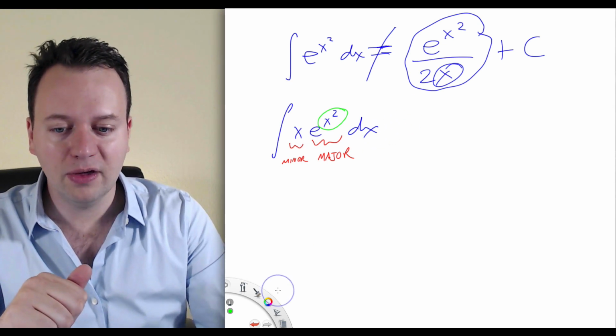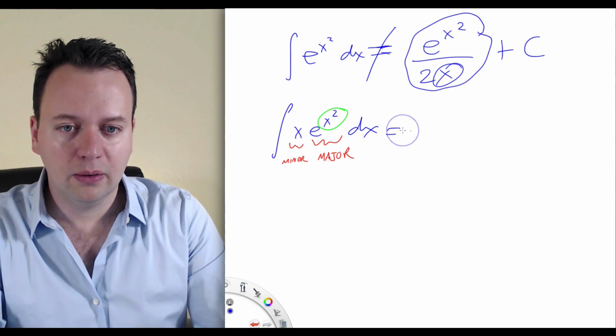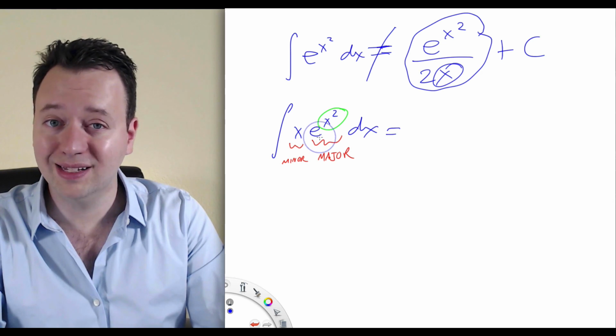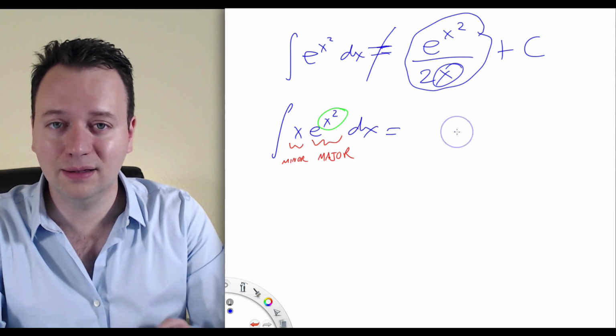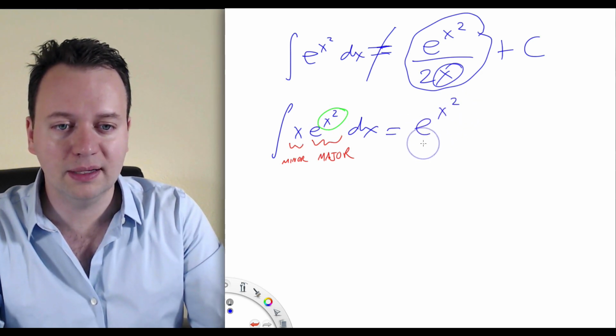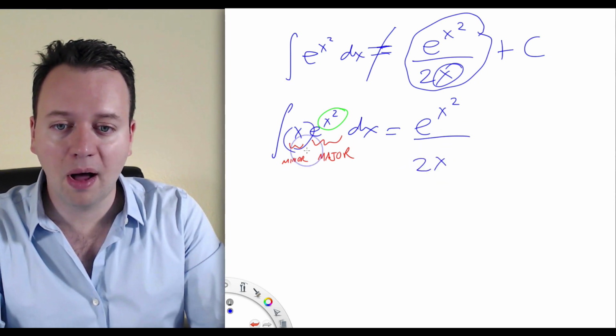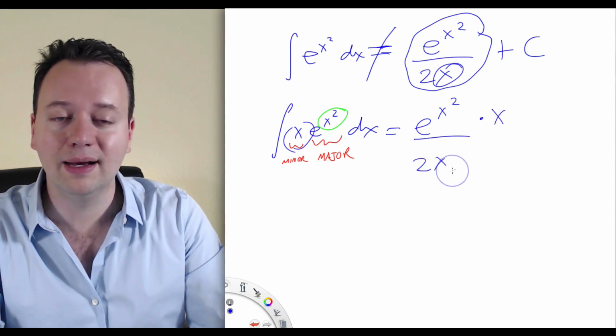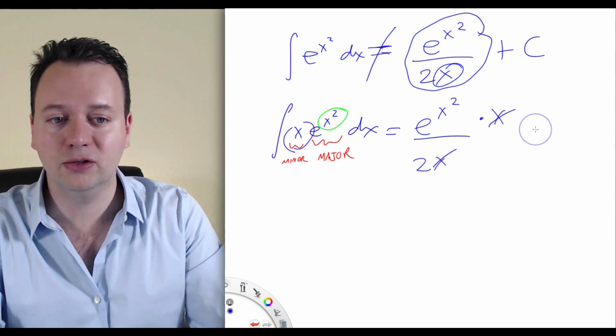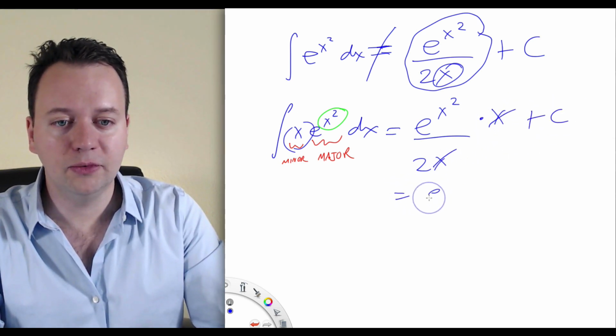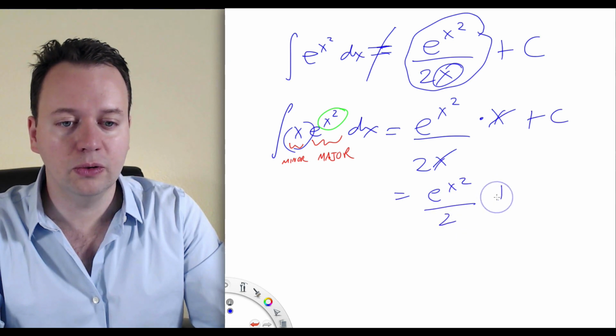So when I integrate this one, since it's an exponential function, the integral of e to the x is e to the x, so e to the x squared, divided by the exponent's derivative, 2x, and then the minor gets carried along for the ride. And in this case, the x's do cancel.